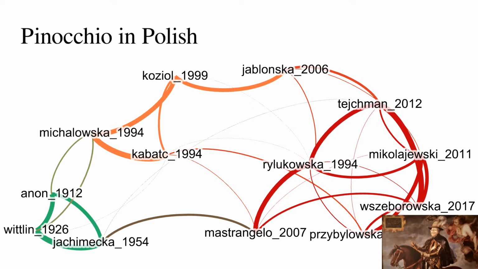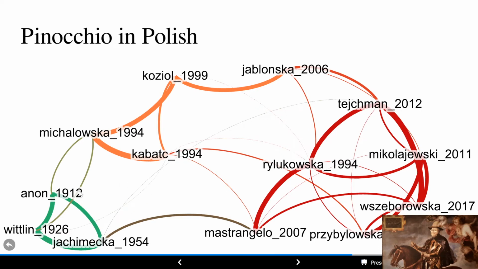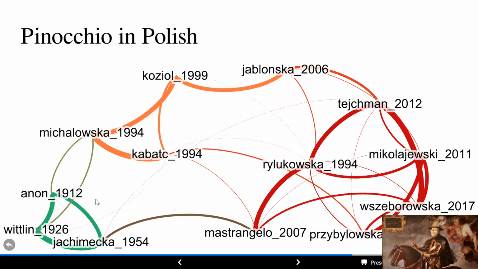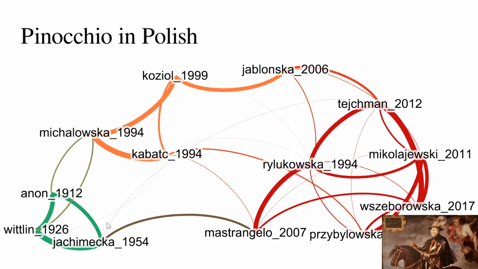Here, the decision which text to put in the same community, which text to use the same color for, was made by Gephi, by its modularity part, and the results are very reasonable. The green community of the three texts here in bottom left is that of the three earliest translations. And that makes a lot of sense.